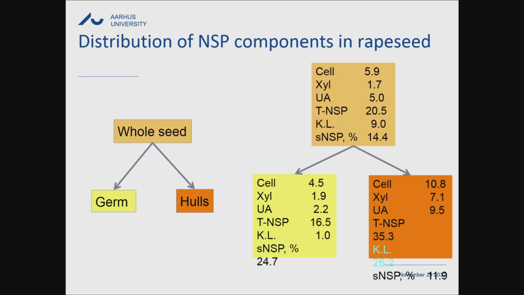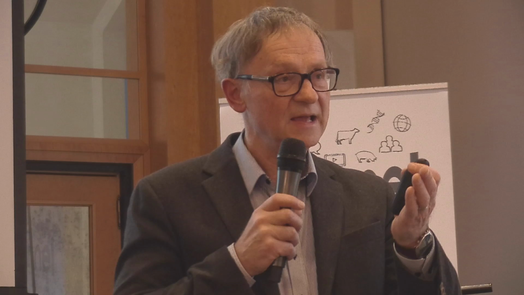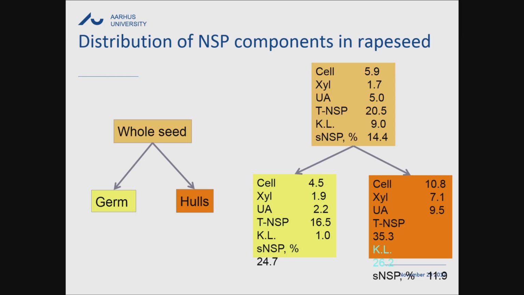While when you are looking at cereals, you will typically see that protein and amino acids, between 5 to 7% of the total protein and amino acids in the whole grain, are placed in the pericarp, testa and the hull layers. When you go to the rapeseeds, it's up to around 25%.